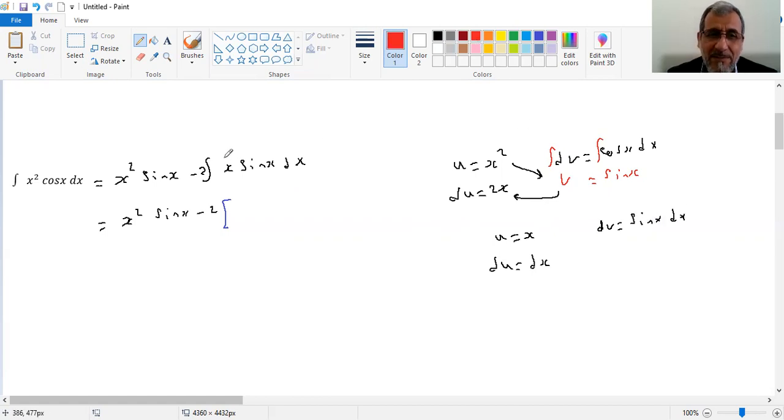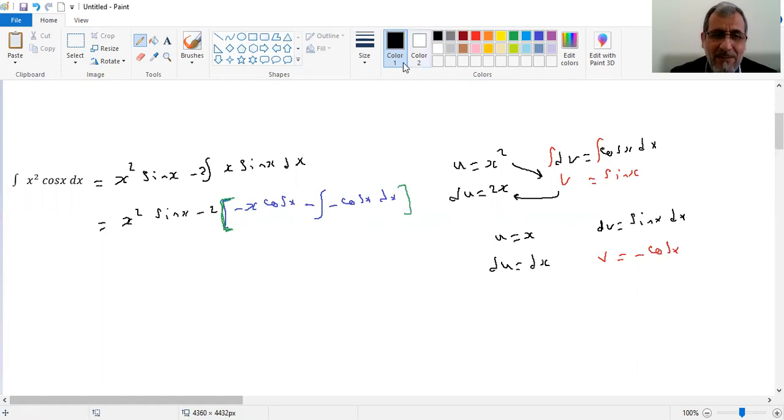So this is the u, and this is the dv. The integral of dv is v, and the integral of sine is minus cosine x. Now uv will be minus x cosine x, minus the integral of v du, v is minus cosine x, du is dx.